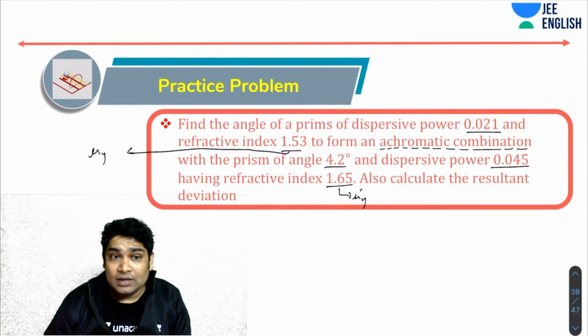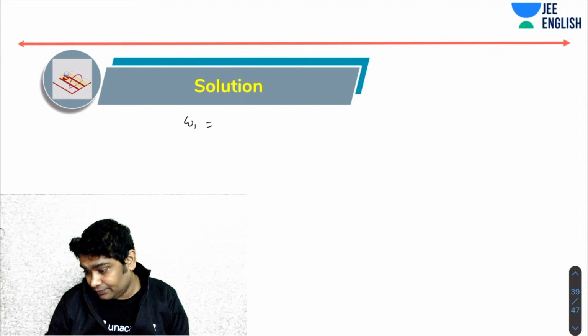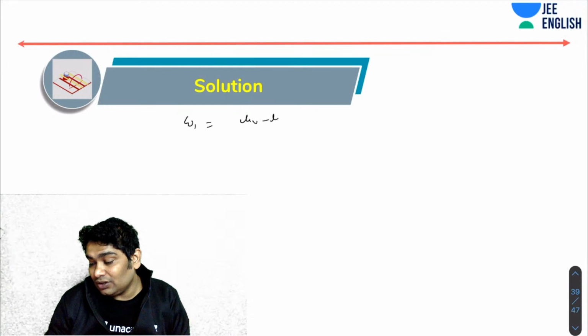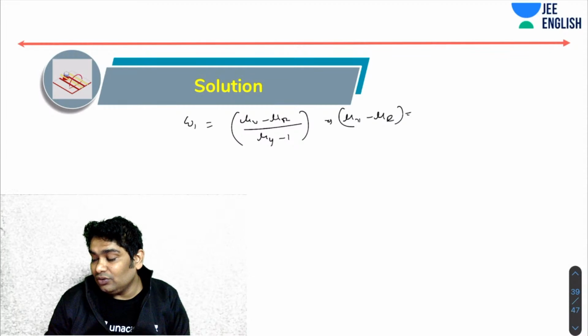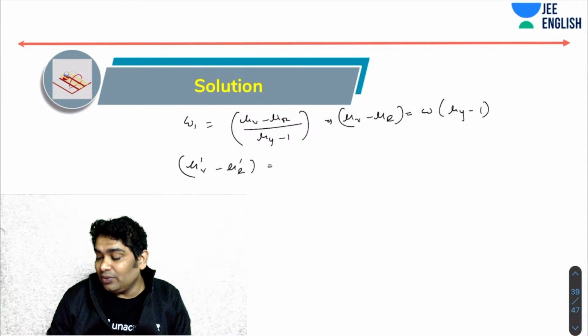Dispersive power, you already knew, omega was equal to mu violet minus mu r over mu y minus 1. Correct? So mu violet minus mu r would be equal to omega times mu y minus 1. Similarly, mu dash v minus mu dash r would be equal to omega dash times mu dash y minus 1.